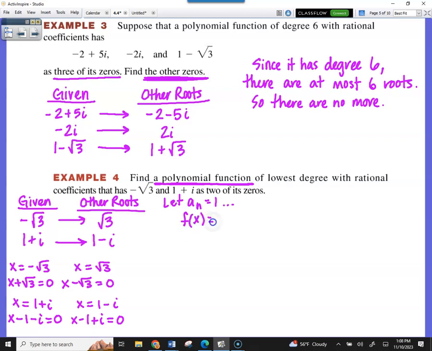F of x equals. You want to group them by the ones that were conjugates of each other. Let's not mix the radical with the i's. Let's put the two radicals together and the i's together. So I've got x plus root 3, x minus root 3, x minus 1 minus i, x minus 1 plus i.